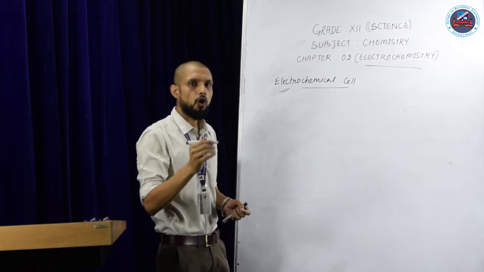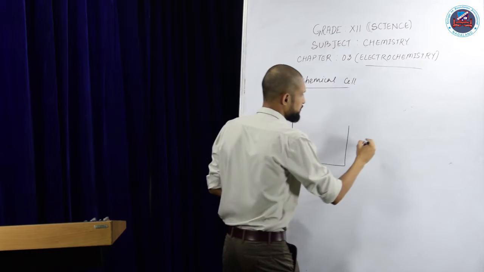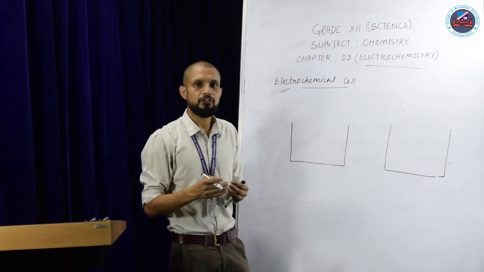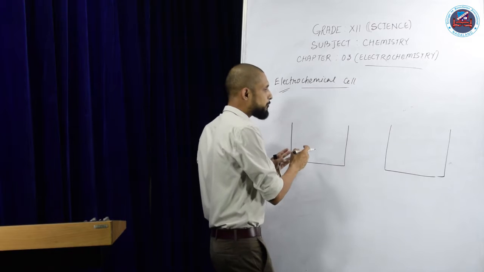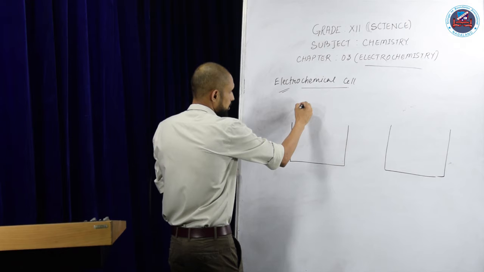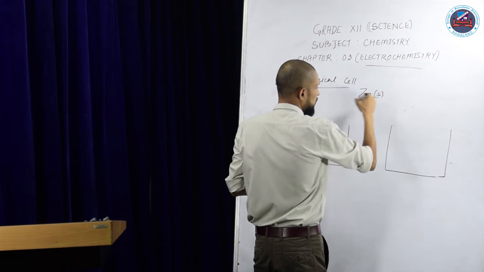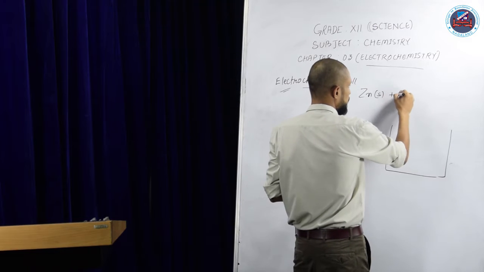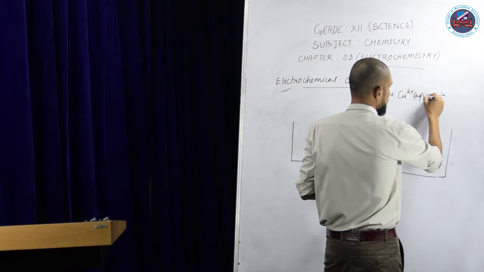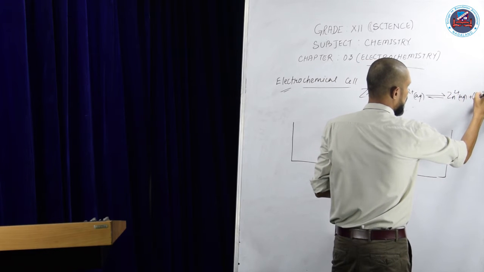Electrochemical cell consists of two half cells. That means the oxidation and the reduction takes place in two different electrochemical cells. So let us take this redox reaction: Zn, zinc solid, plus Cu2+, which is aqueous, gives Zn2+, which is aqueous, plus Cu solid.